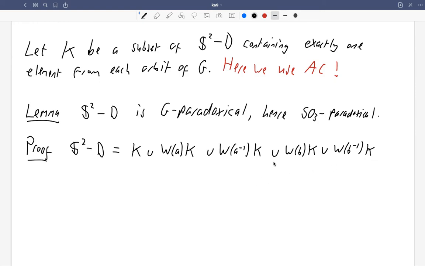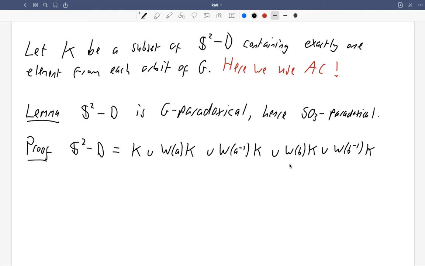So the point I want to make is that this is the whole of the sphere with these fixed points removed, because any element will be in orbit with exactly one element of K. Then there will be exactly one element of the group G that will take us from the element in K to the element of the sphere that's not a fixed point that we were looking at, and that tells us, depending on whether that element is the empty word or is a word beginning with A or a word beginning with A to the -1, in which of these sets it lies.